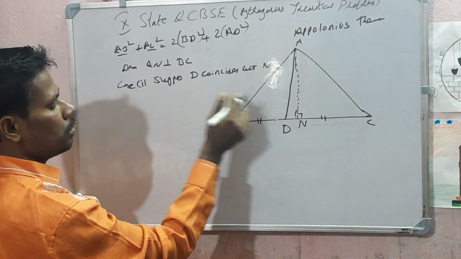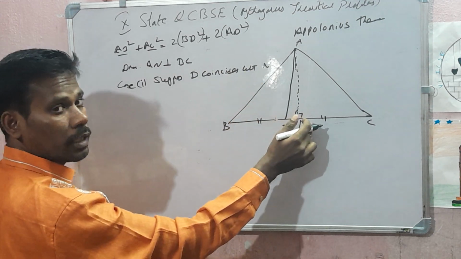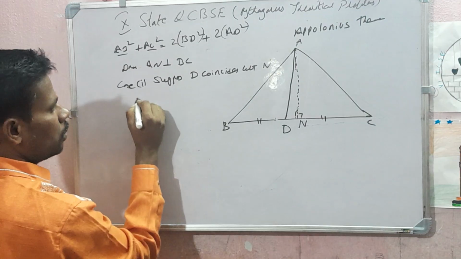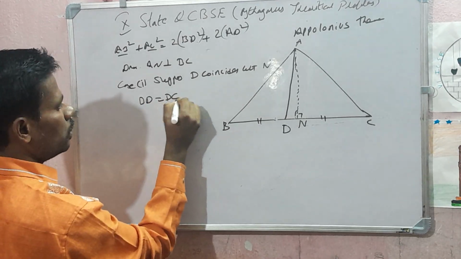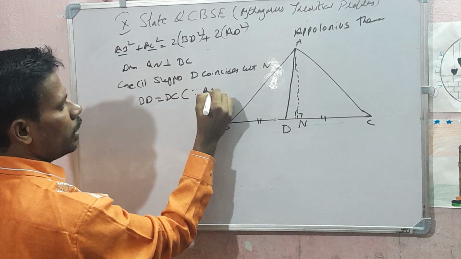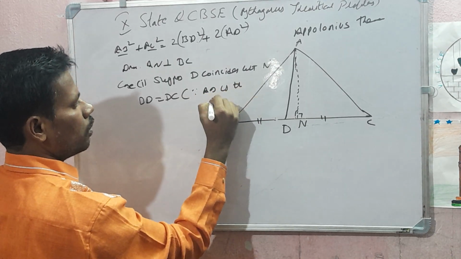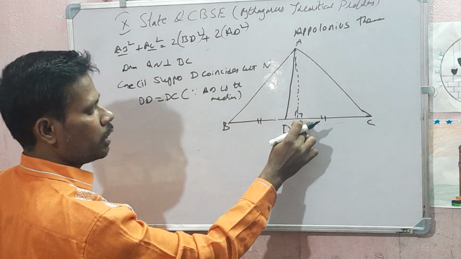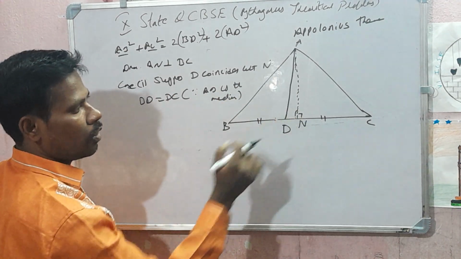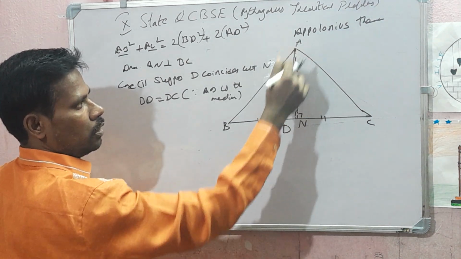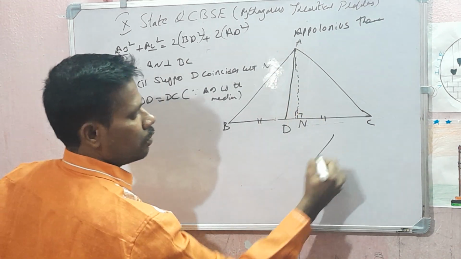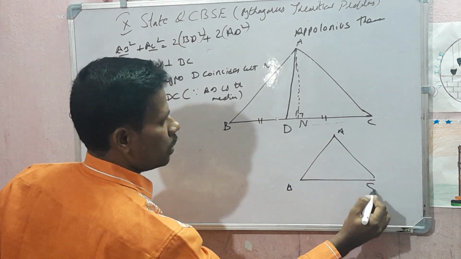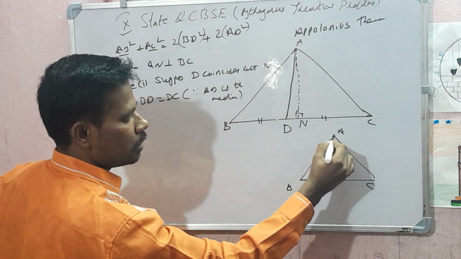Suppose D coincides with N. Already we know BD is equal to DC since AD is the median. What is the meaning of D coinciding with N?